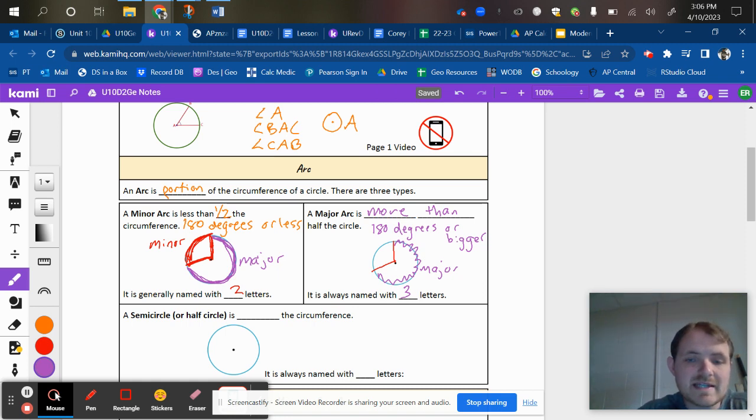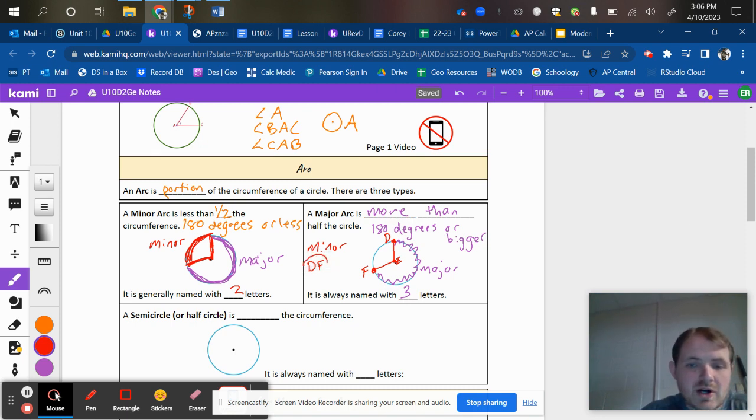So if we get some practice naming, if I wanted to name the minor arc D, E, F, if those were the points given to me, the minor arc would be DF. And we're going to have an arc over the top of it.